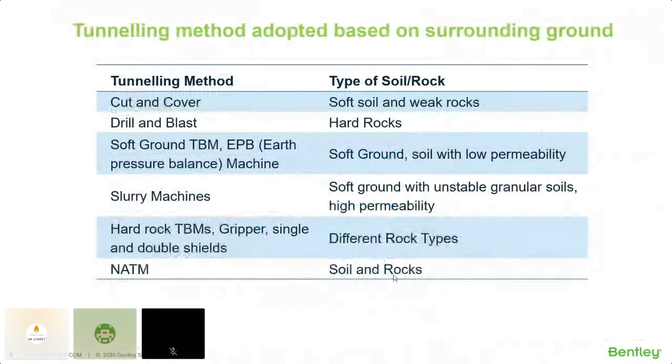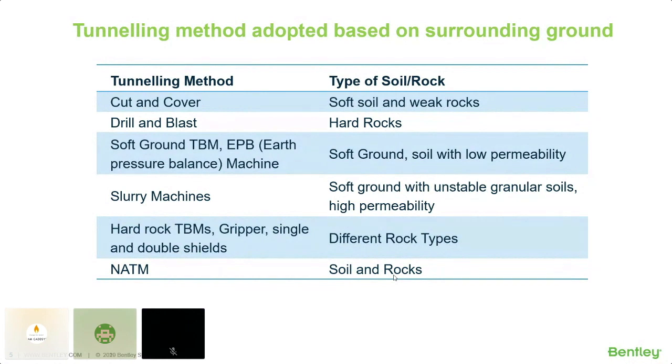There are different tunneling methods, such as the cut and cover method, the drill and blast method, or the TBM, which is a tunnel boring machine, of different types. Either you can have an earth pressure balance machine or a slurry type of machine, mainly to support the face of the tunnel during construction.